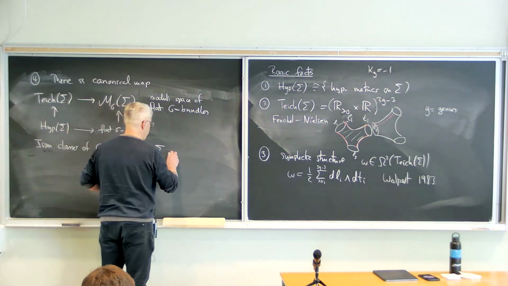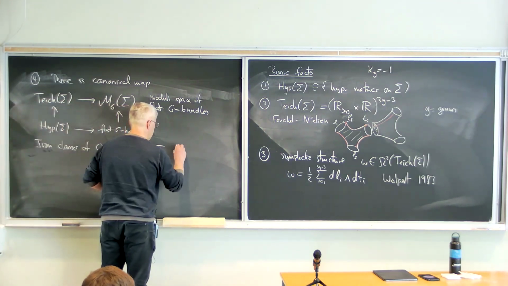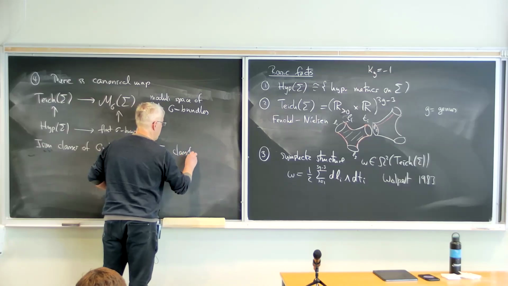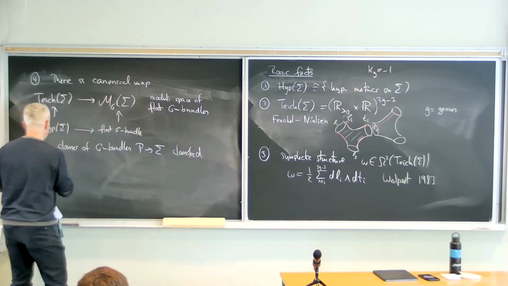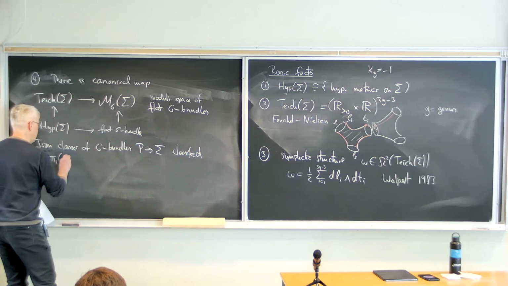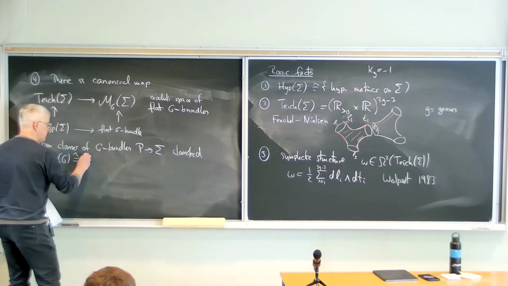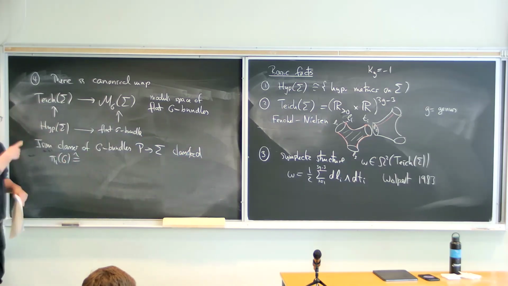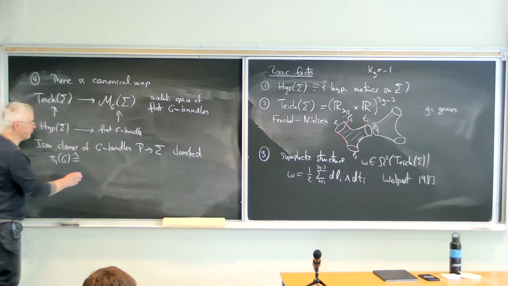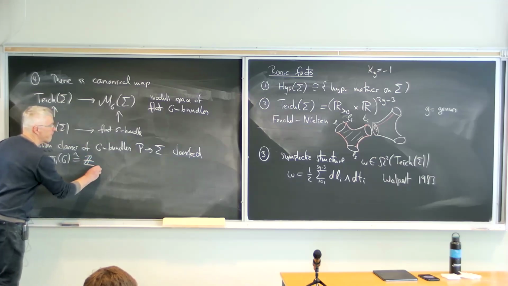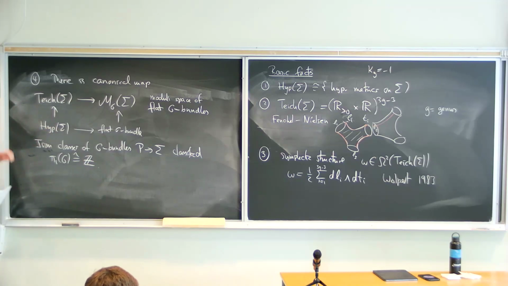That's how it goes in general for any connected Lie group, which in our case is, so the group is PSL2R, then the fundamental group is the integers. And the principal G bundle that appears here is not just anything, so what's the corresponding integer? The integer turns out to be the Euler characteristic of the surface.